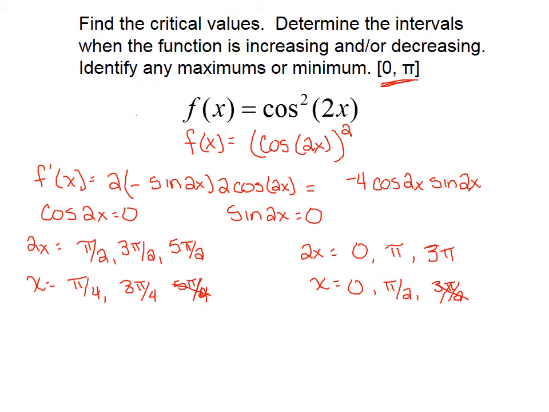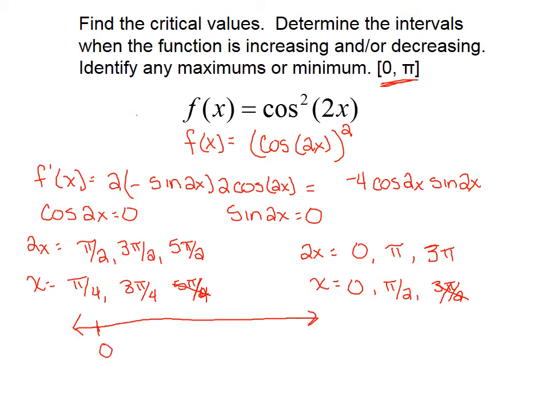Okay, so all we have then is pi over 4, 3 pi over 4, 0, and pi over 2. It's what we are left to evaluate. And, okay, so 0 is an endpoint.